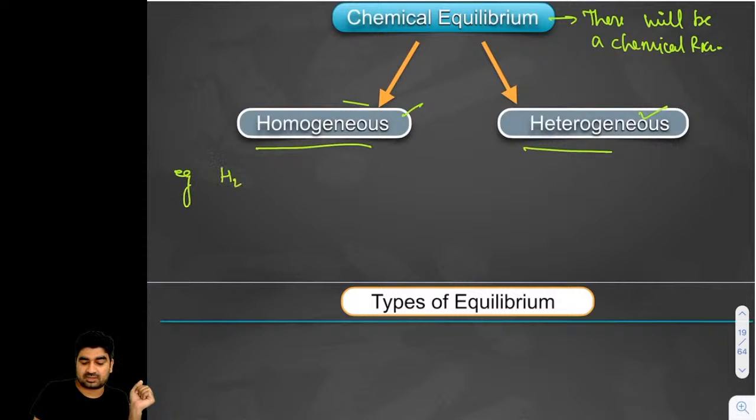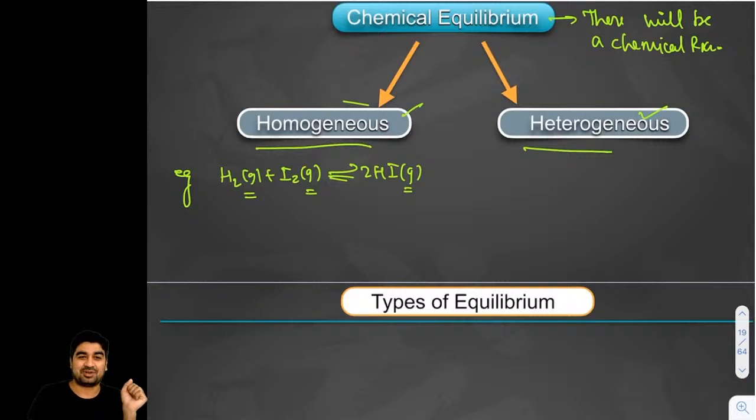So let me write some examples. Suppose I'm taking H2 gas and I2 gas, giving you 2HI. So everything is in the gaseous phase, so it is called homogeneous equilibrium.